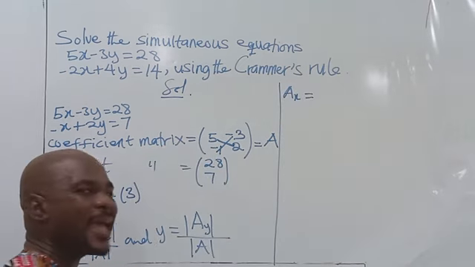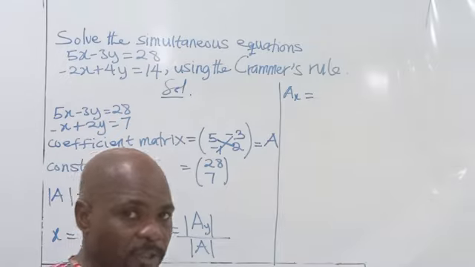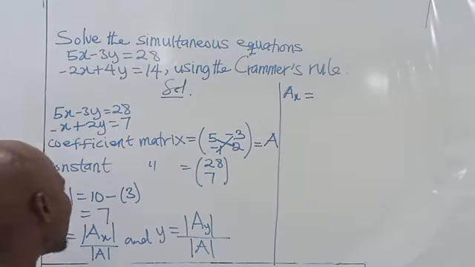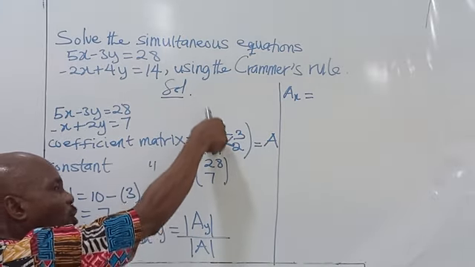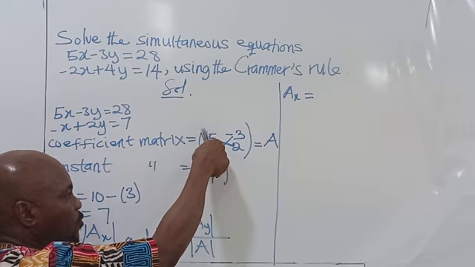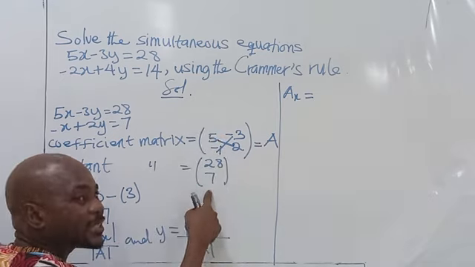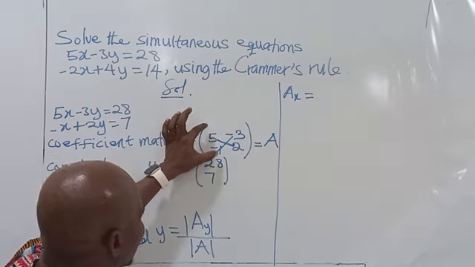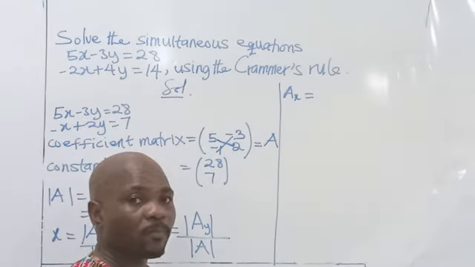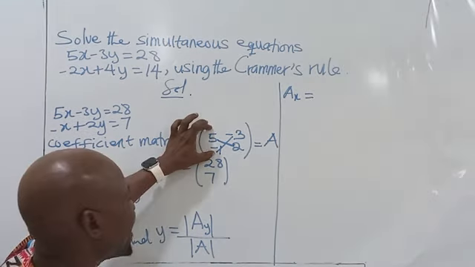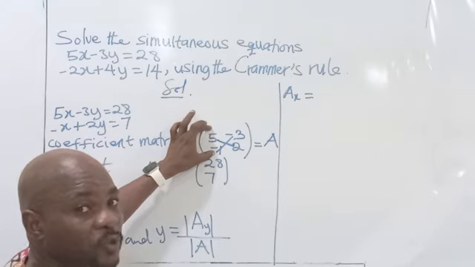AX is the matrix formed by replacing the first column of the coefficient matrix with the constant matrix. So you are replacing this by that, just like those of us that watch football. This is a player, he is tired, so they want to substitute him.